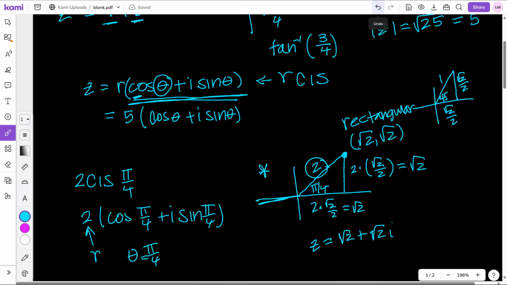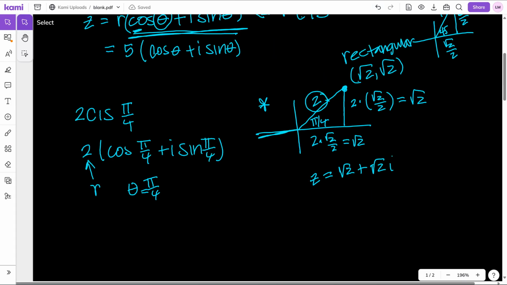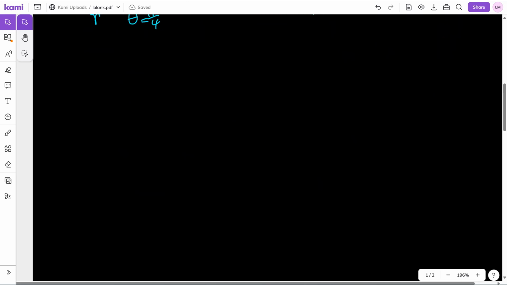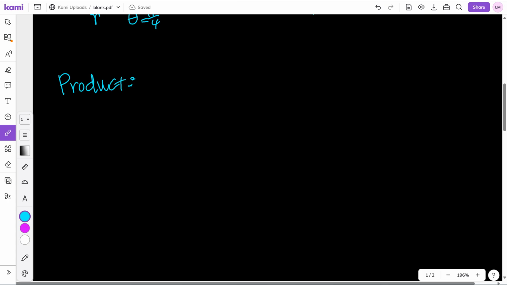And then one more thing, I just want to show you this product formula. There's a product formula and a power formula. So the product formula says if I have two complex numbers that I'm multiplying together, so I just put a little 1 down there, I'm going to put a little 2 down here.